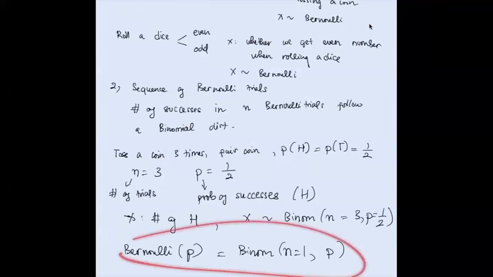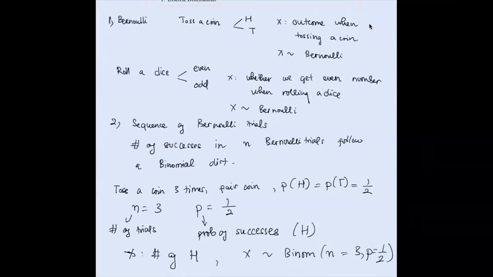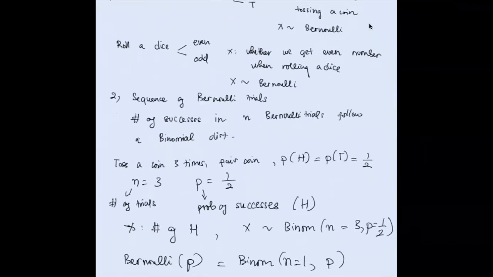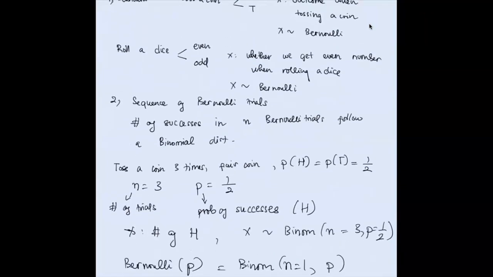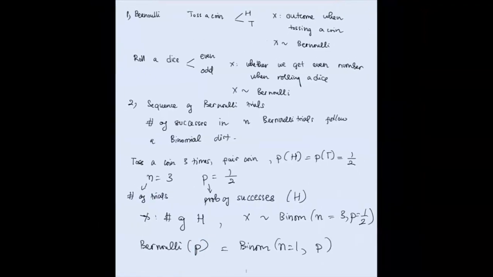So they represent the same thing. When you toss a coin 1 time and X denotes whether you got head or tail, X follows a Bernoulli distribution. Then it is the same as saying you have 1 trial, and the probability of success is the same as the probability of success in Bernoulli. Does this make sense?